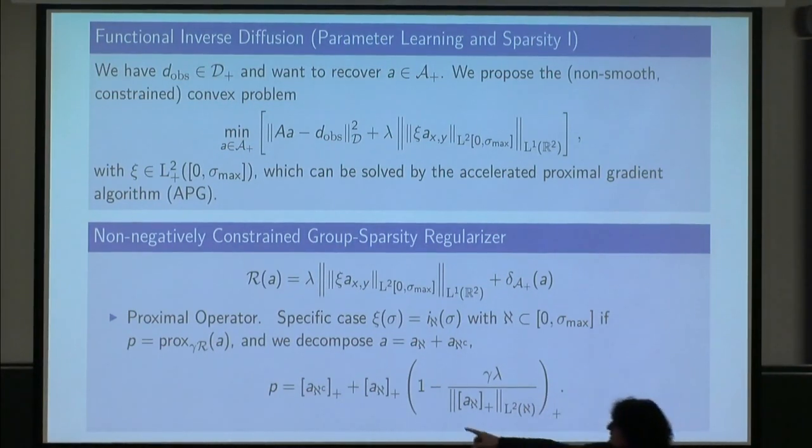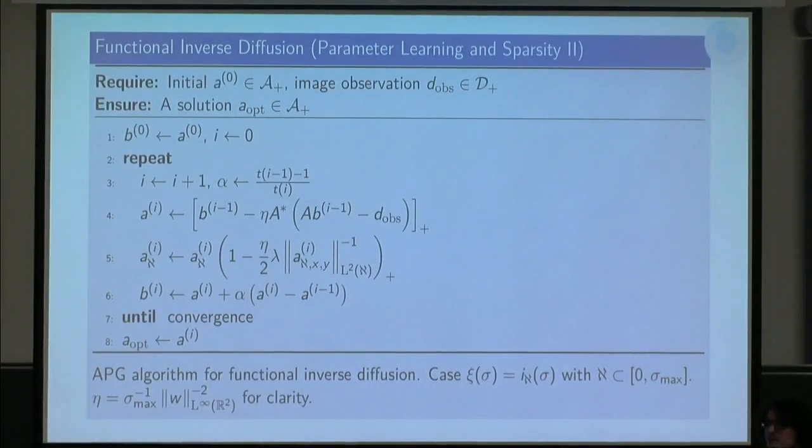Basically, the sigmas that we don't regularize just get the non-negative projection, while the sigmas that we regularize get first a non-negative projection and then a group sparsity regularization effect. So, to summarize, we have the accelerated proximal gradient algorithm for functional inverse diffusion.